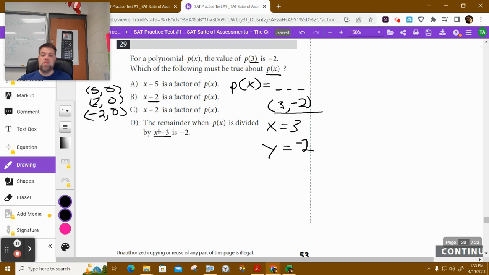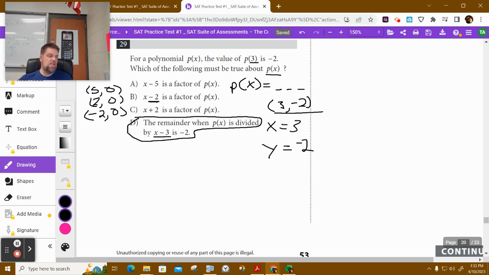However, the remainder when p of x is divided by x minus 3 is negative 2. So D is true. This has to do with synthetic division. Well, it has to do with the remainder theorem, right?